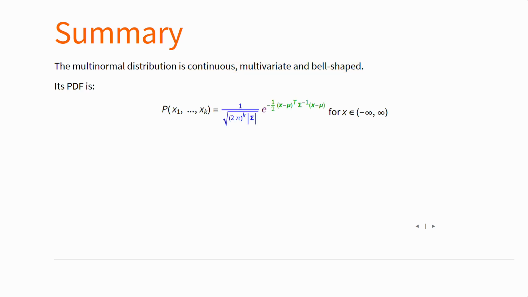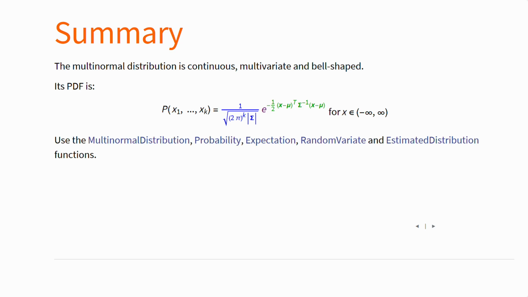So let's summarize. The multinormal distribution is continuous, multivariate, and bell-shaped. Its PDF is the vectorized version of the normal distribution PDF. Use the multinormal distribution, probability, expectation, random variates, and estimated distribution functions for any multinormal situation. But the assumption that every single dimension is normally distributed is often too simplistic.